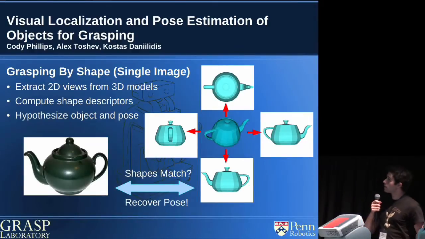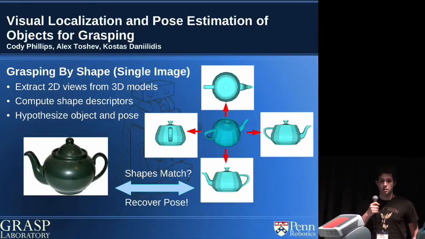So you would say you have this teapot as your target object, and you would first extract a shape descriptor from this object, and you also have in your library of shapes, you have this teapot. From this teapot, you would also extract many different viewpoints, and for each viewpoint, you would also compute a shape descriptor.